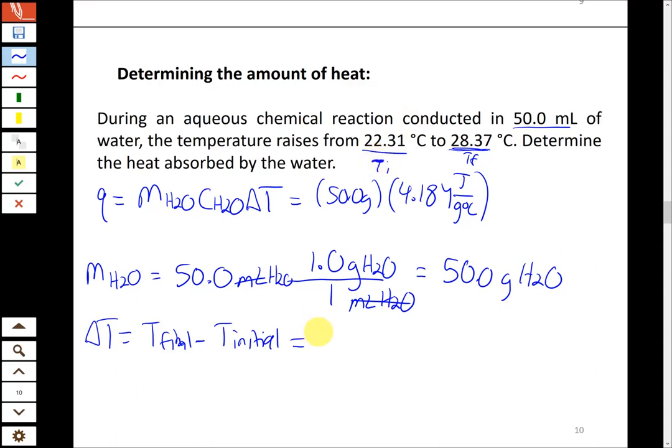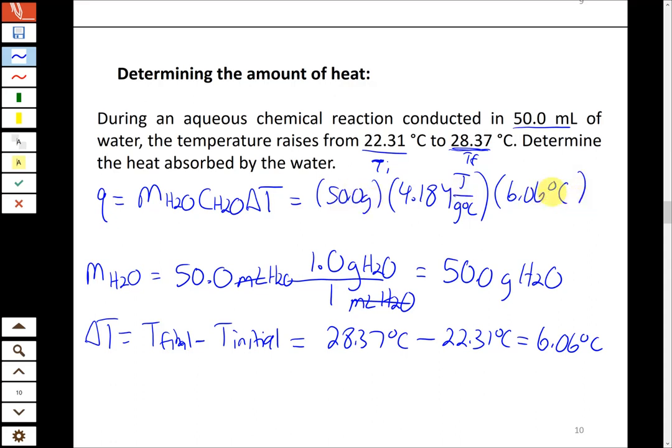And so we're just going to subtract those two numbers. 28.37 minus 22.31. 6.06 degrees Celsius, a positive number because the temperature is increasing. All right, so that's going to be our delta T, 6.06 degrees Celsius.